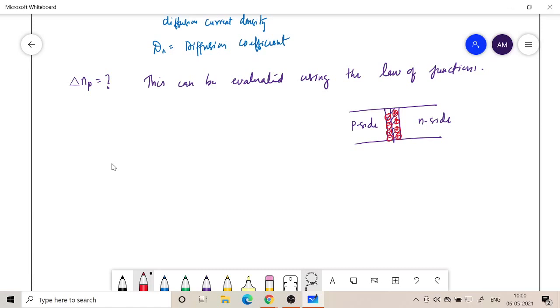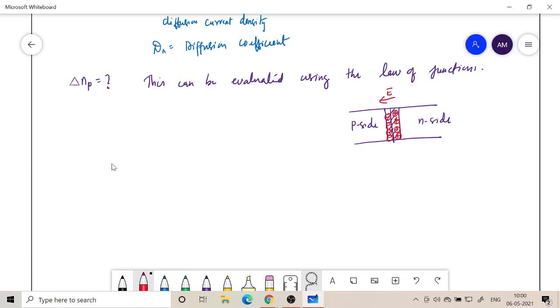This is because the electrons have gone from the N side to the P side, leaving the ions. Similarly, the holes have gone from the P side to the N side, leaving negative charge ions. So that is what the depletion region will look like. It has immobile charges. On the N side you have positive charge, and on the P side you have negative charge, and there is going to be an electric field in this direction.